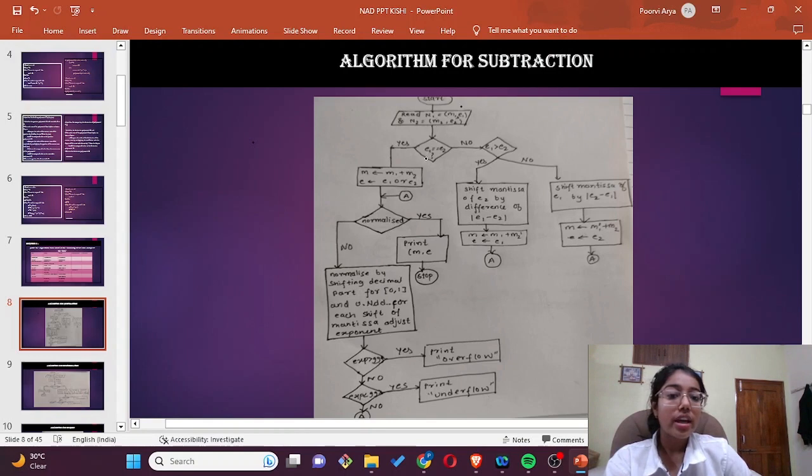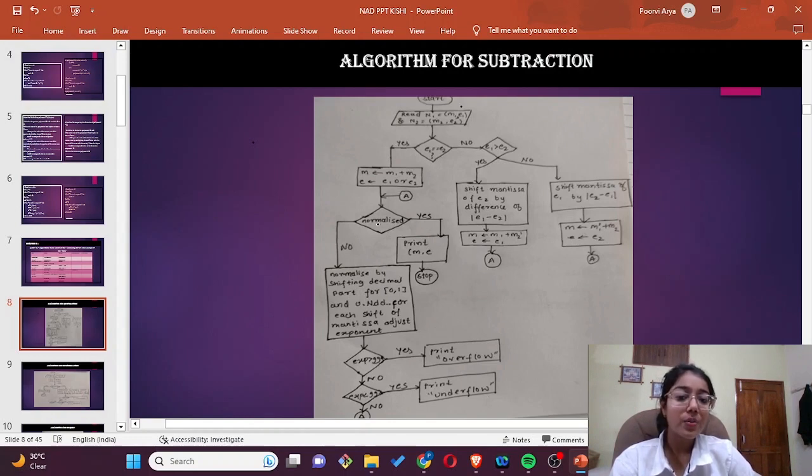First we check if exponents are equal or not. We check if e1 is equal to e2. If they both are equal, then we add m1 and m2 and store it in m, and for e we either take e1 or e2 because both of them are same. We move down there. We see if it is in a normalized form or not. If it is in a normalized form, then we print m and e and then we stop.